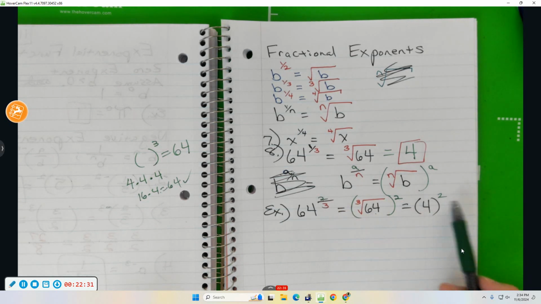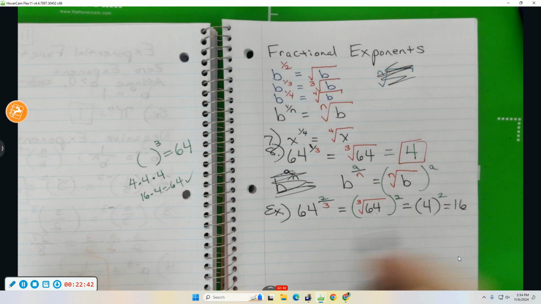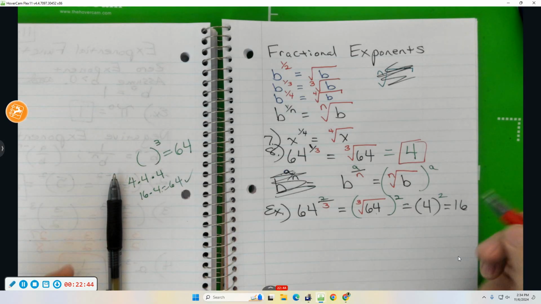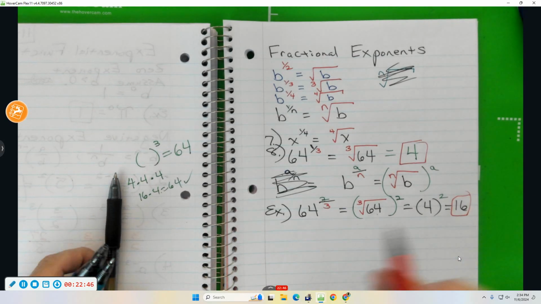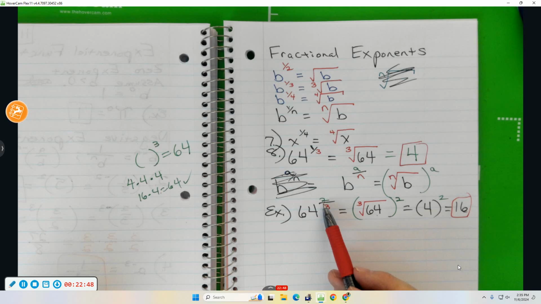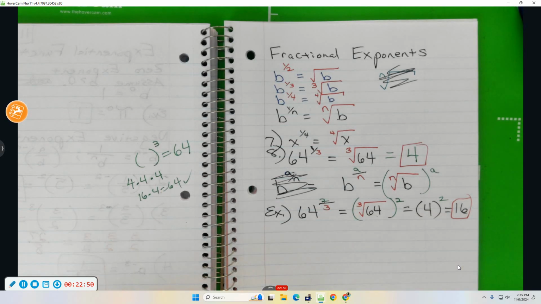The 2 says square the result. What would this answer be here? 4 squared, 16, I agree. So it's not bad, even if the fractional exponent has a numerator other than 1. That's not too bad. Let's look at number 9.